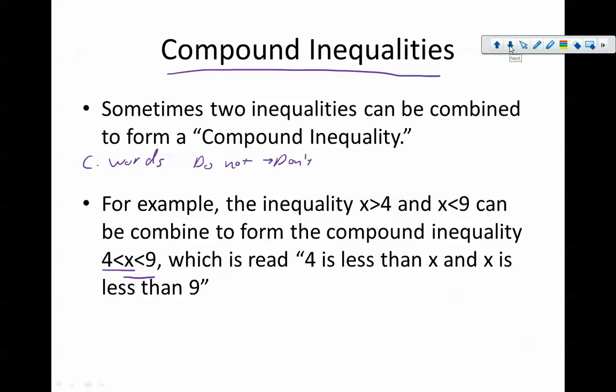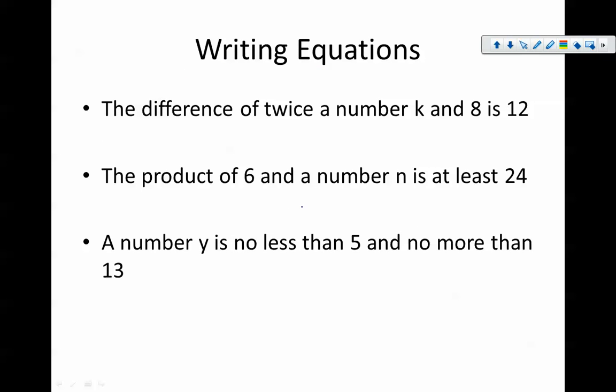So let's take that knowledge and the knowledge that we learned in 1.3 about writing expressions and make equations here. This says the difference of twice a number k and 8 is 12.